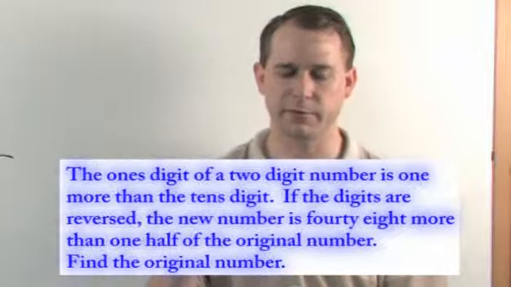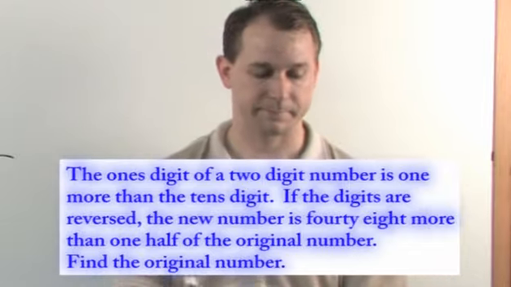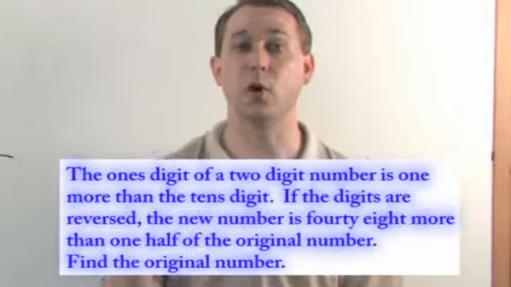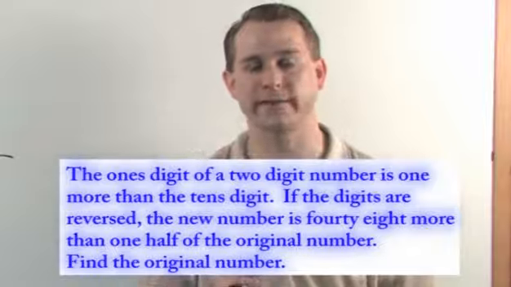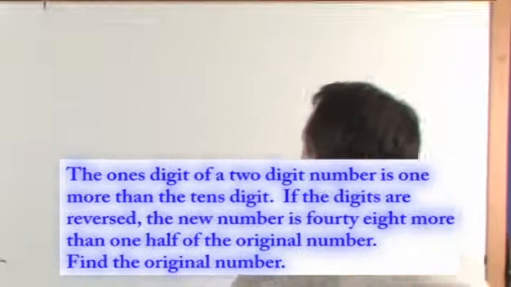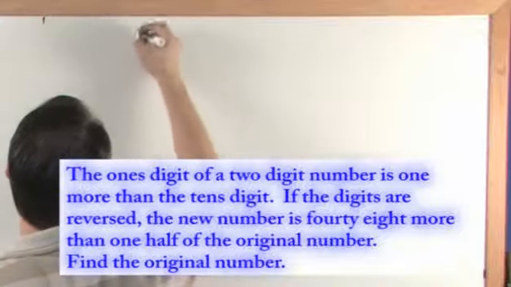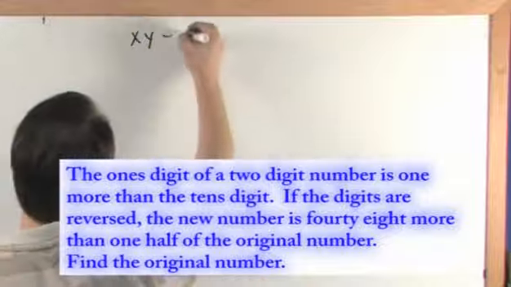You have a 2-digit number. The ones digit is 1 more than the tens digit. If the digits are reversed, the new number is 48 more than 1/2 of the original number. So we have to just take it one step at a time and write this down mathematically and solve it. Okay, so if the original number is xy, actually not x times y, xy, this is the 2-digit number.